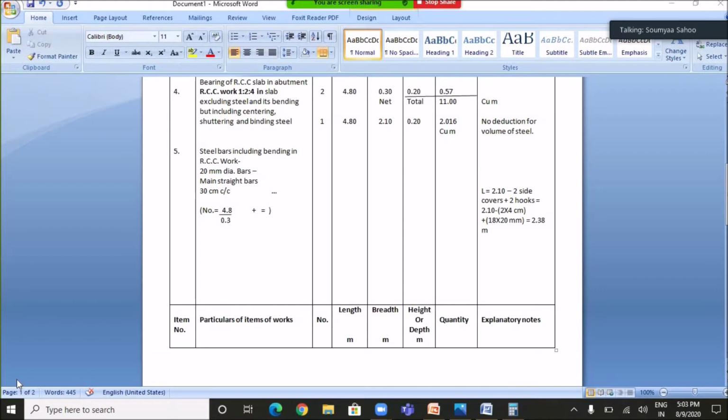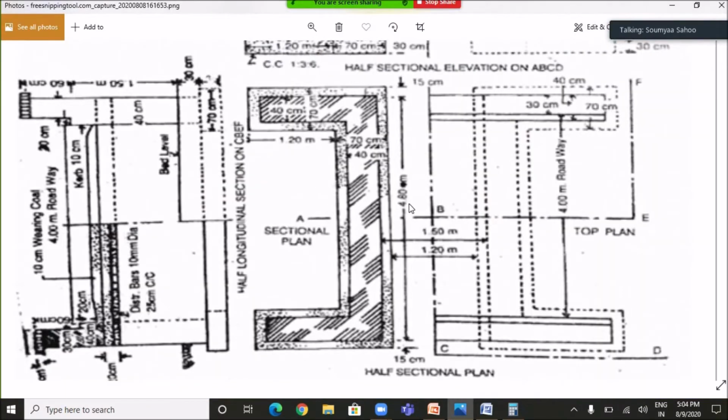In order to find the quantity, we have to first calculate the number of steel bars used as main reinforcement bars. To find this number, we first divide the entire length of the slab by the center to center spacing, and add 1 to find the total number of steel bars used as main straight bars. The total length of the slab is 4.8 meter.